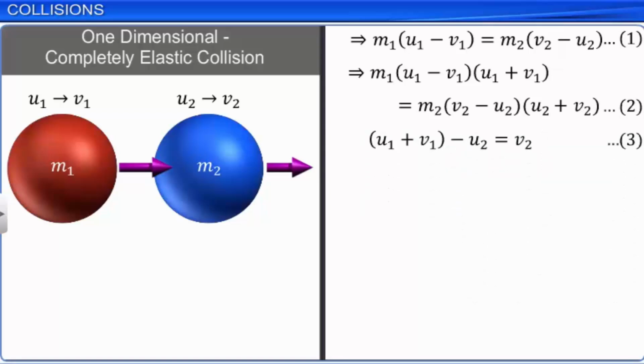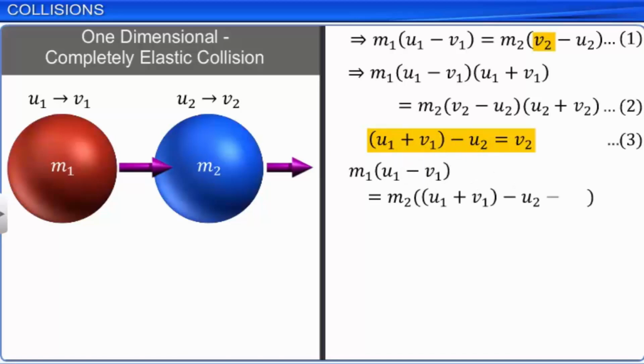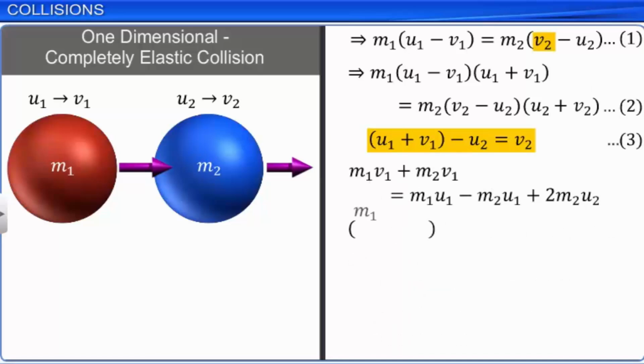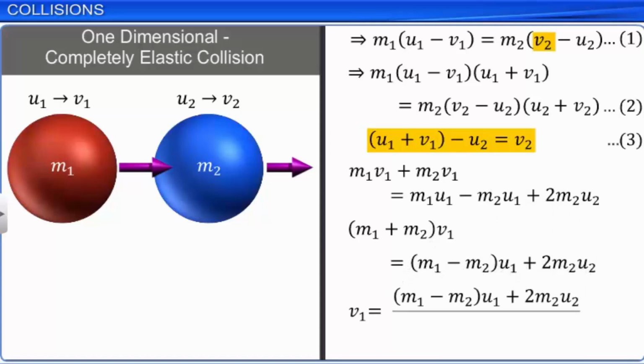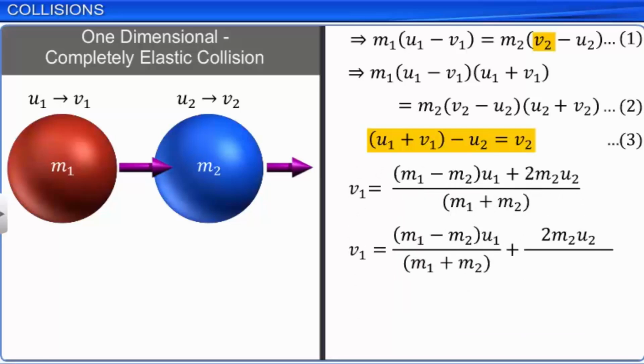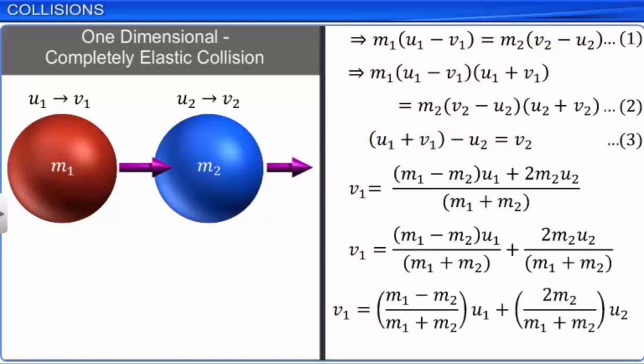Substituting the value of v2 from equation 3 in equation 1 and simplifying as shown, we get the final velocity of m1 as v1 = (m1 - m2)/(m1 + m2) u1 + 2m2/(m1 + m2) u2. Let this be equation 4.